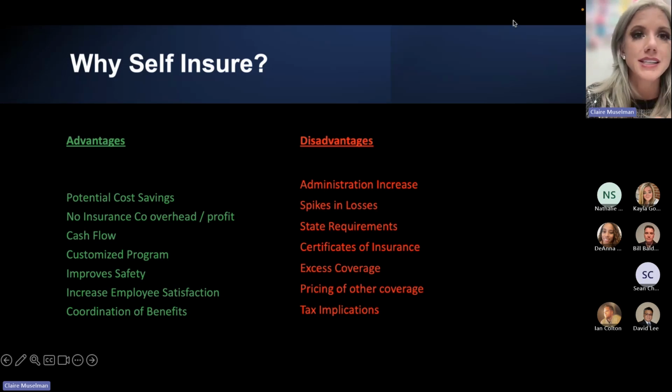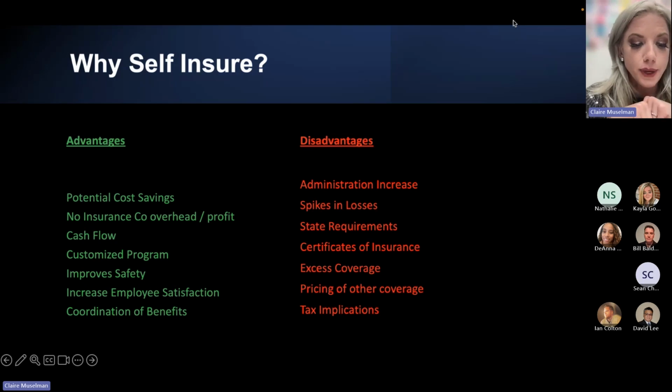So again, if companies are really large, this might be something that's smarter for them to do. If they have solid risk management programs, this might be something that's beneficial for them. They also don't have to pay another company's profit margin. So there's no insurance company overhead that they have to worry about.